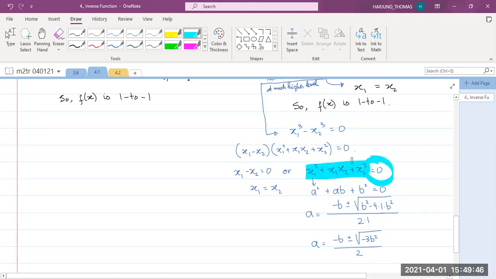The answer is yes, there is such a number, yet that number has to be a complex number, because this will give us negative b plus or minus b square root of 3i over 2. In other words, this function is one-to-one on the real Cartesian coordinate plane, but it is not one-to-one in the complex system. That's why I say that this is much, much higher level.